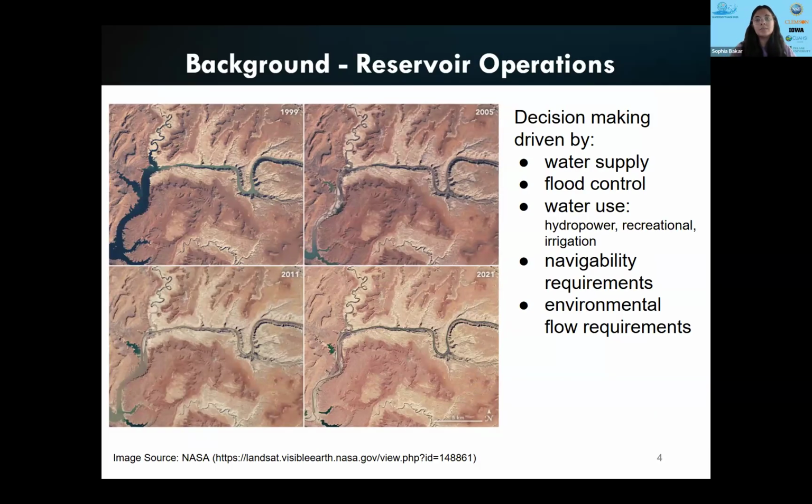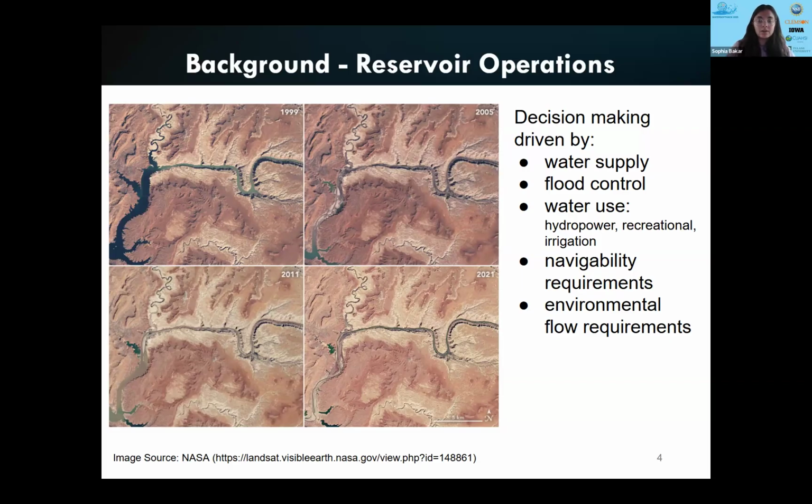Droughts directly impact reservoir operations because when there's less water available, then reservoir managers need to respond. Decision making for reservoir operations is also driven by water supply, flood control, different water use applications, navigability requirements, and environmental flow requirements.